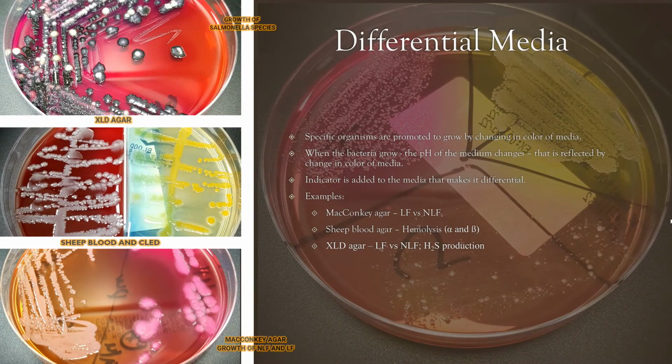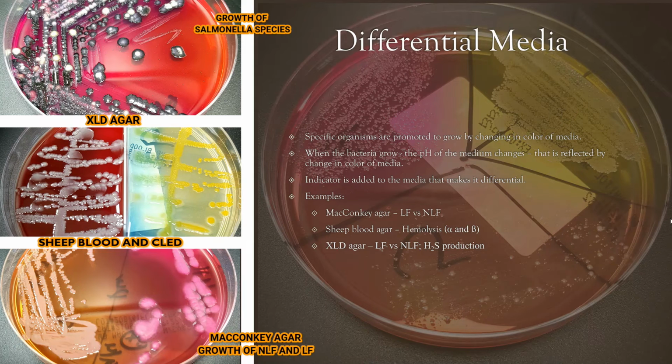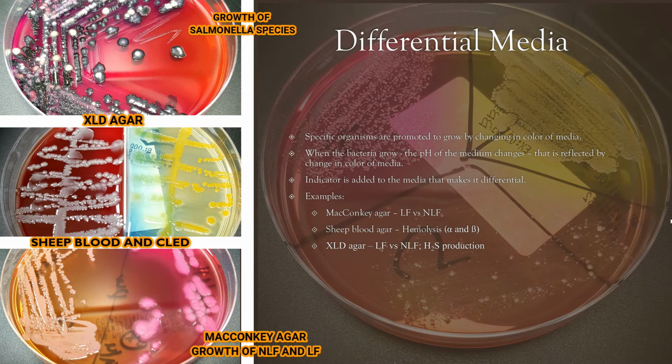And here are some pictures of differential media, and the top one is XLD, and you can see the growth of Salmonella. The black colonies are of Salmonella, and the black color is due to production of H2S. The second one is a biplate, and you can see two media on one plate.